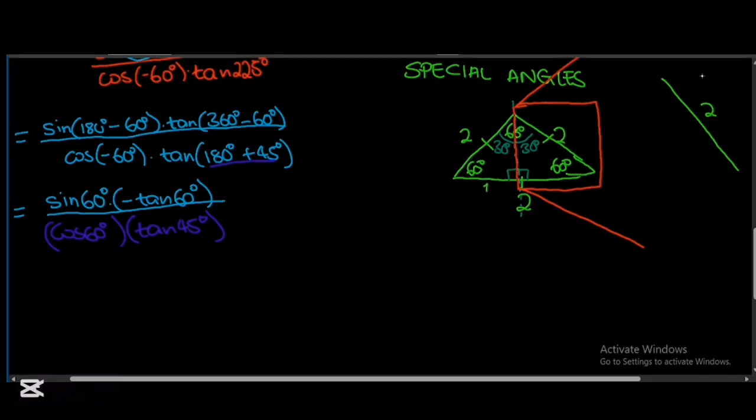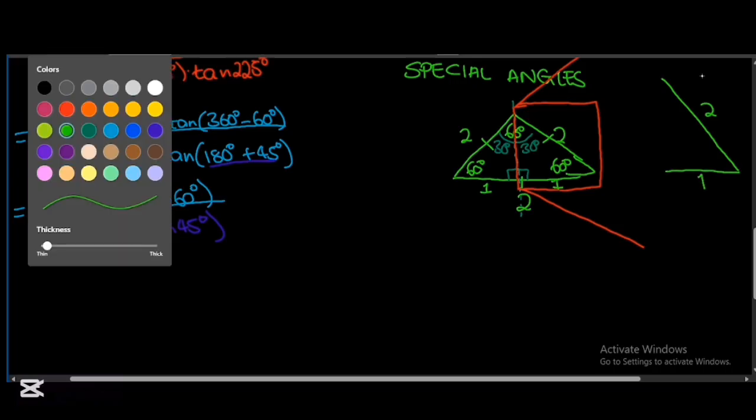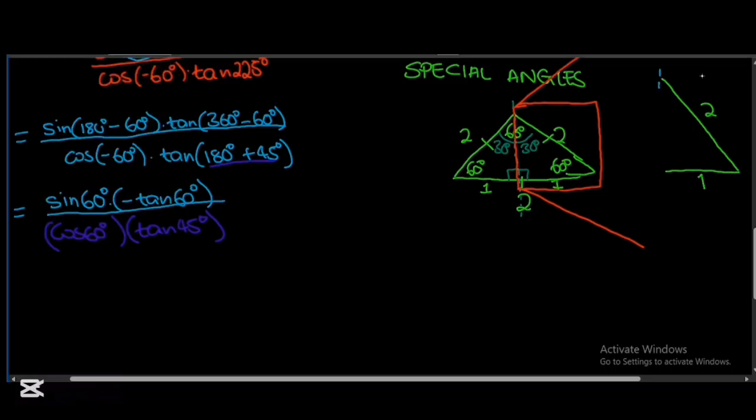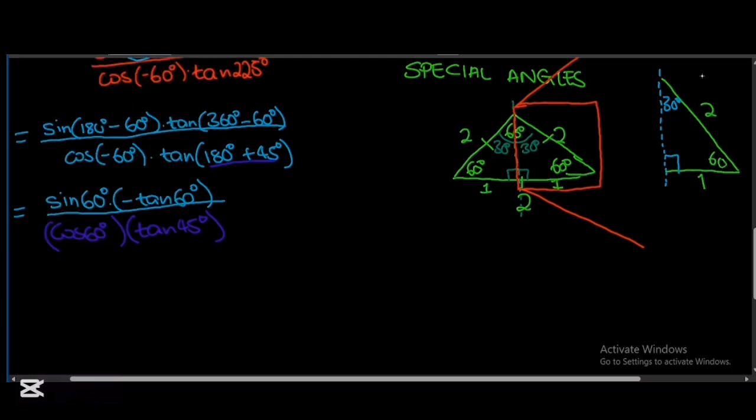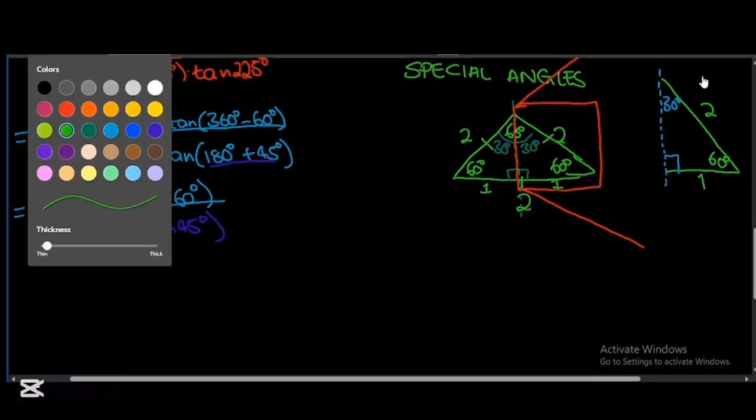Now we'll have 1 unit here and 1 unit here. So this side here will be equal to 1 unit. And then we have this side here. We'll have 30 degrees here and 60 degrees here. Remember, we removed one side of the triangle, remaining with that.